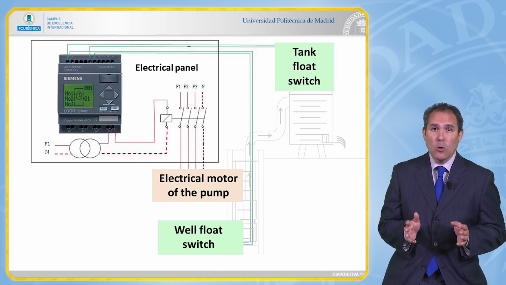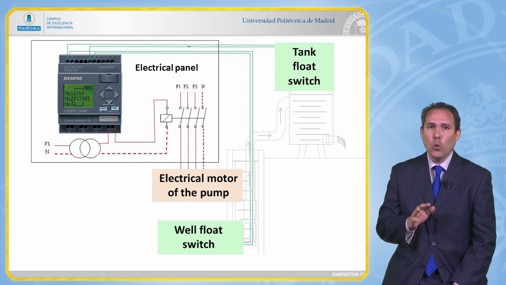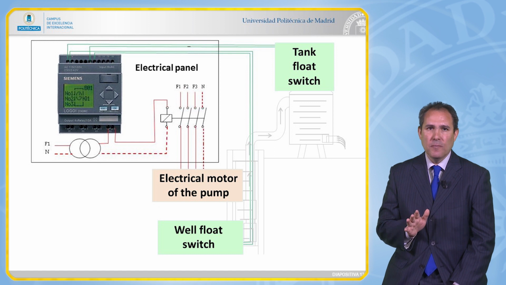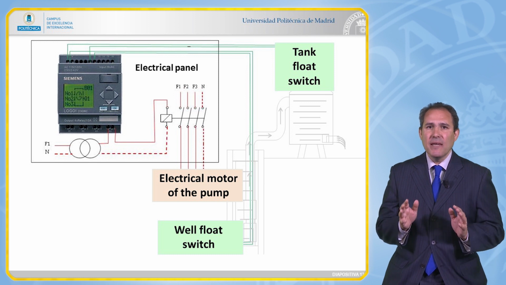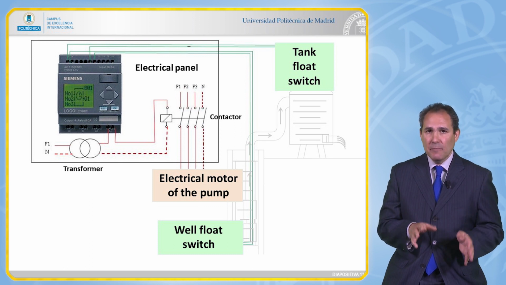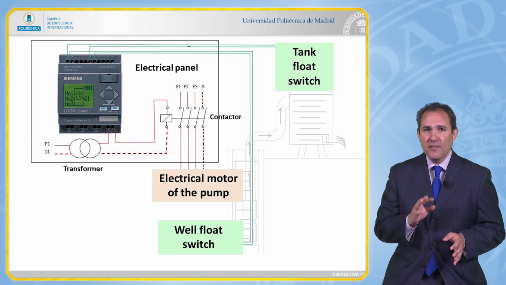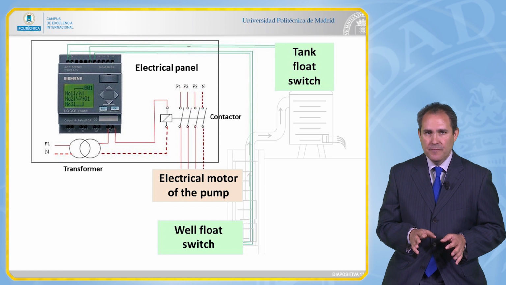The process requires 2 digital inputs for the 2 water level sensors and 1 digital output for the electrical motor of the pump. With this parameter, it can be automated with the LOGO! of Siemens, which, correctly programmed, will start and stop pumping without the need of the presence of any human operator.